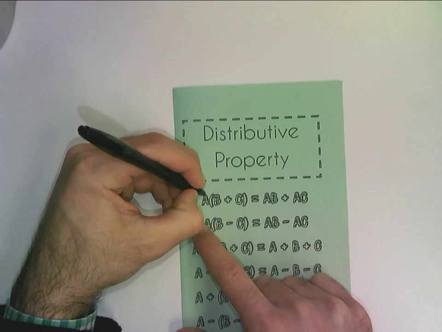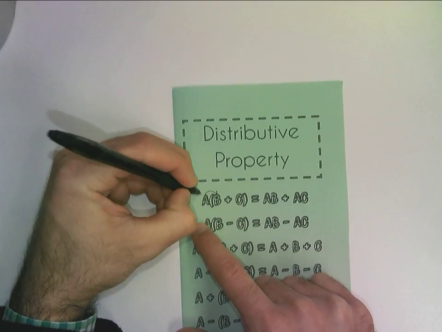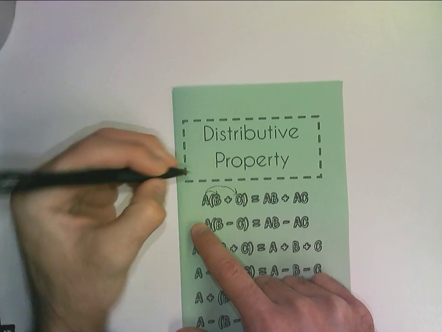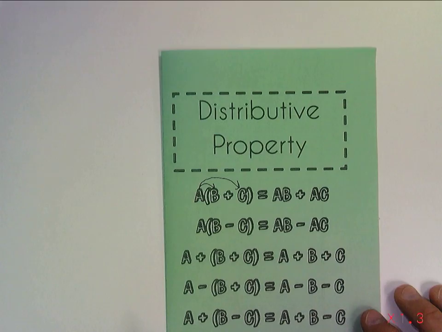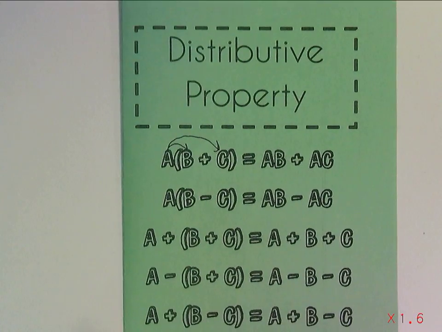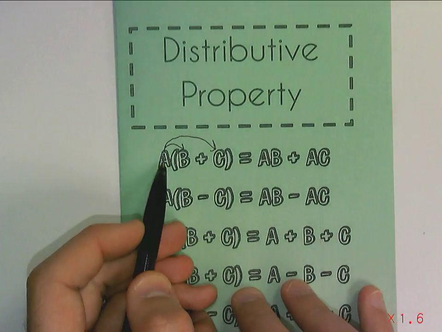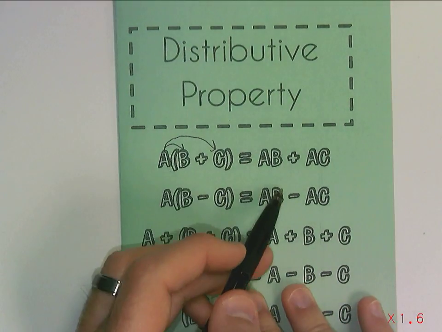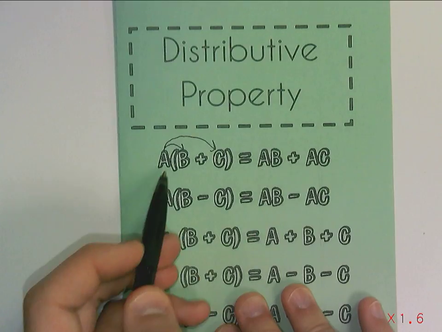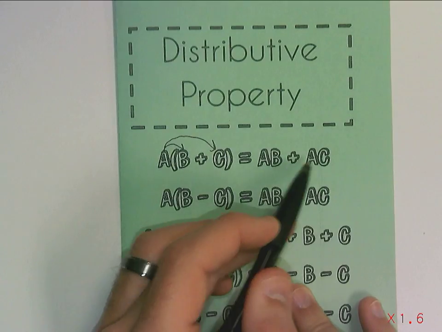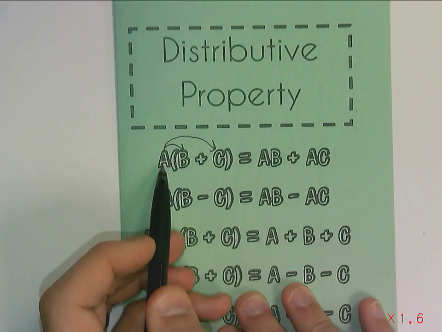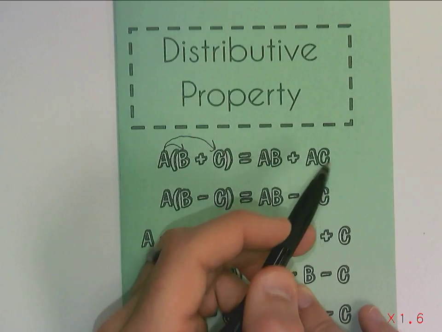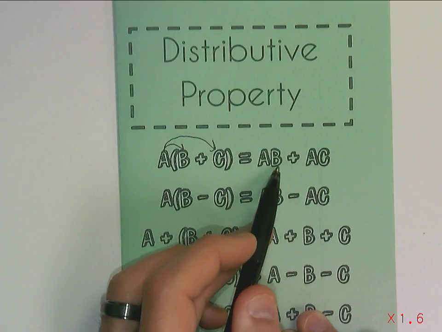So in this case, we have A times B and A times C. Zoom in here quick. Alright, that's better. So what this tells me is A times B, and that's still going to be added to, because this is really a positive 1 in front of this C. So A times C would be on this side. So I'd end up with A times B plus A times C.